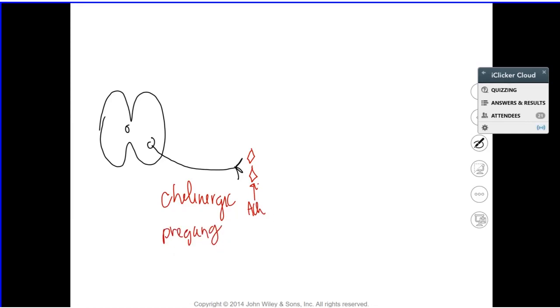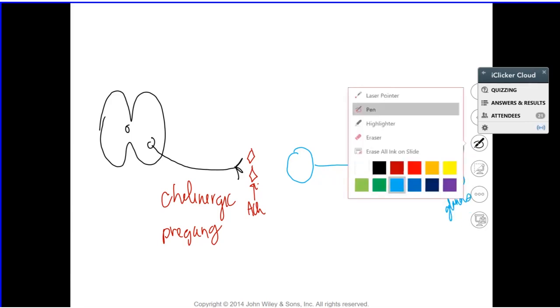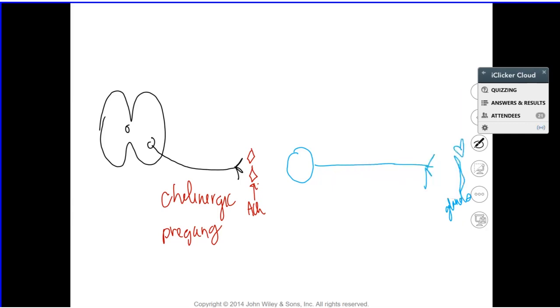Okay, now you'll notice in this first picture, I have 2 different pathways. I have pathway A and pathway B. We're going to talk about pathway A first. Okay. Since the second motor neuron, what do we call the second motor neuron?